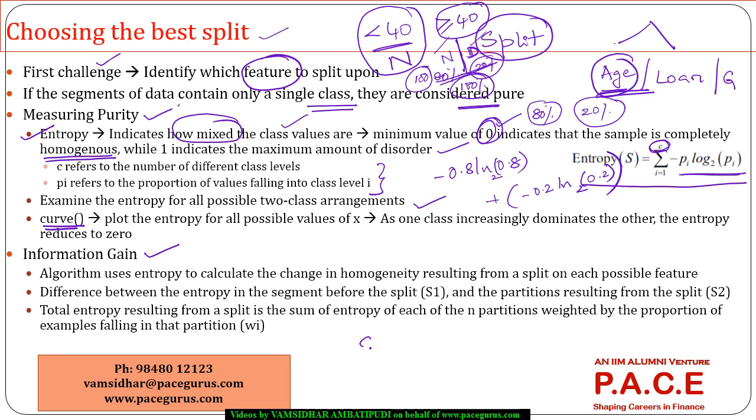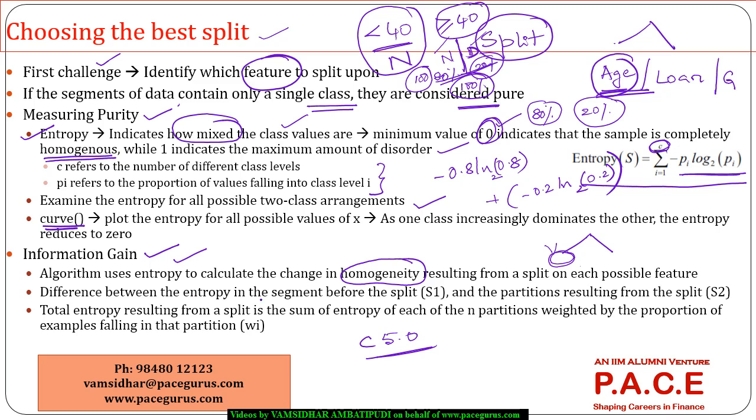The C5.0 algorithm uses the entropy to calculate by how much there is a change in the homogeneity of the group. Because of this split, how homogeneous is this particular group becoming, and what is the proportion of the decision variable in this group?